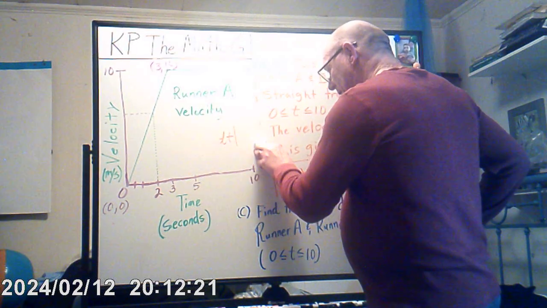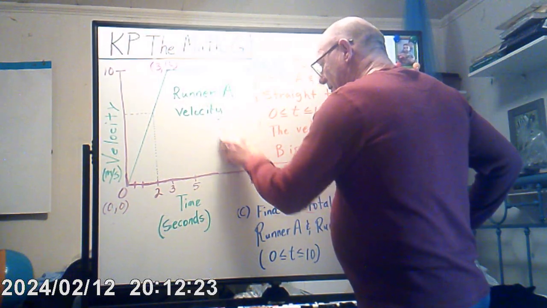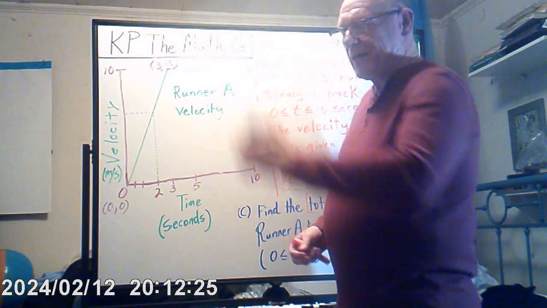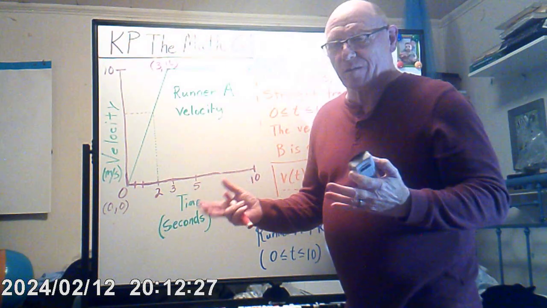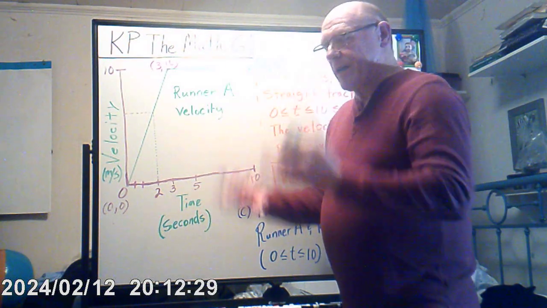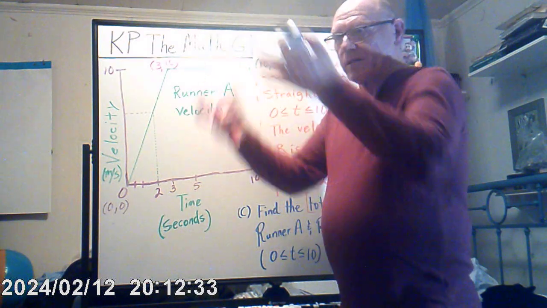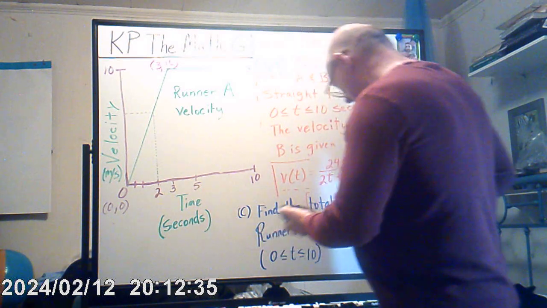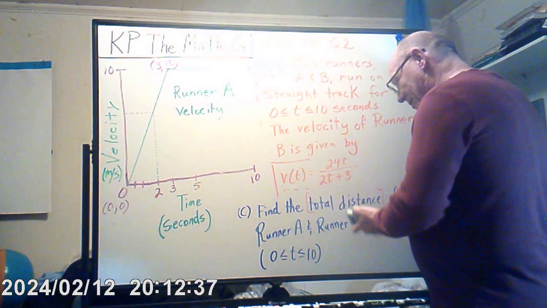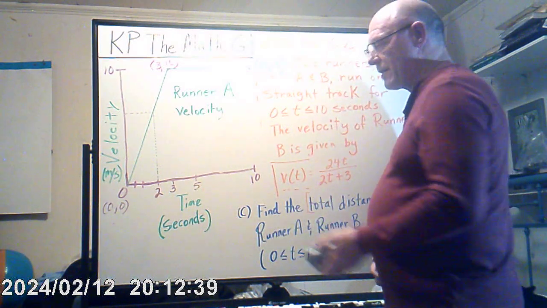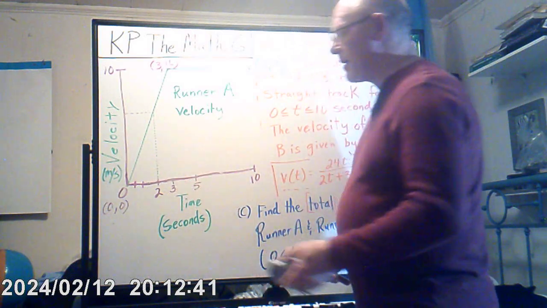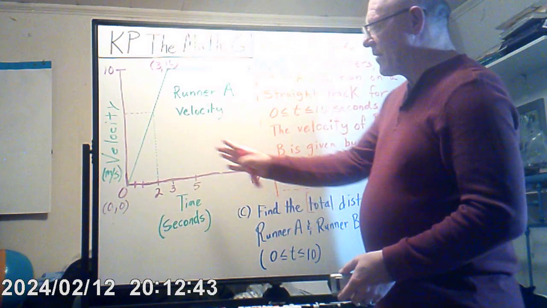Well, this is what I tell them: anytime you take an antiderivative, a definite integral of a rate, you're going to get something like an amount. In this case, the amount is total distance, in meters.